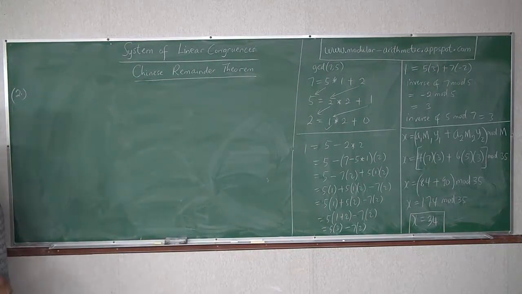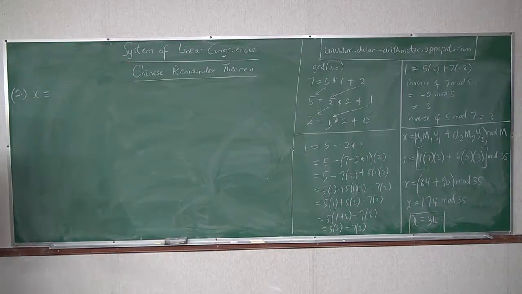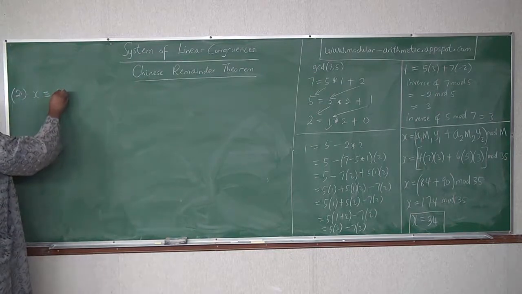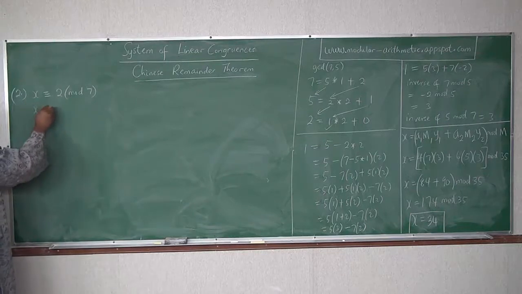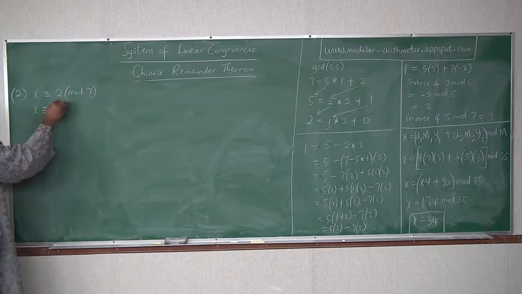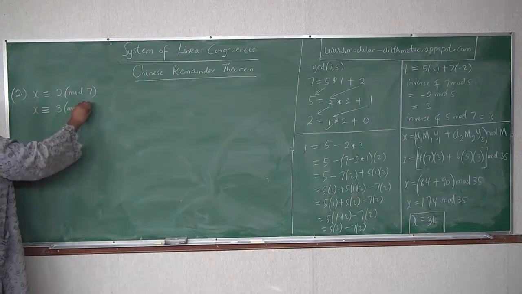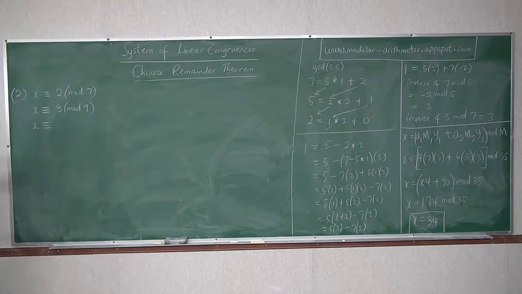So x is congruent to 2 in mod 7. X is congruent to 3 in mod 9. X is congruent to 5 in mod 10.